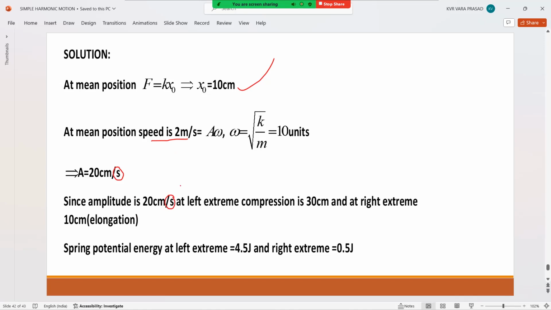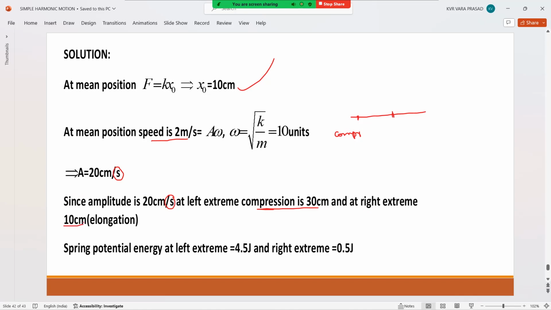Right. Now see what happens. At mean position compression 10 centimeter. Now amplitude is 20 centimeter. Therefore at left extreme compression will be, I am writing here at left extreme compression. I think already we have taken here, right? You can see here at left extreme compression is 30 centimeter, and at right extreme it is 10 elongation.